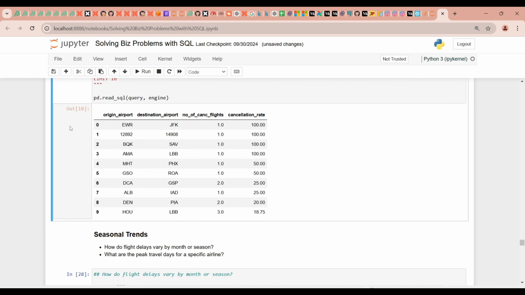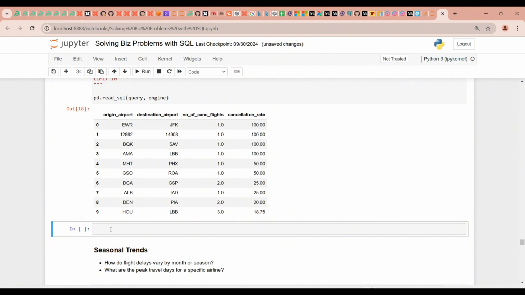So let's assume that we have 15 routes, 1 up to 15. So route 1 might have one flight, just like this case. These two cases, even the top 4, this fifth one had two flights. That's why the cancellation rate is 50%, which is even not fair.